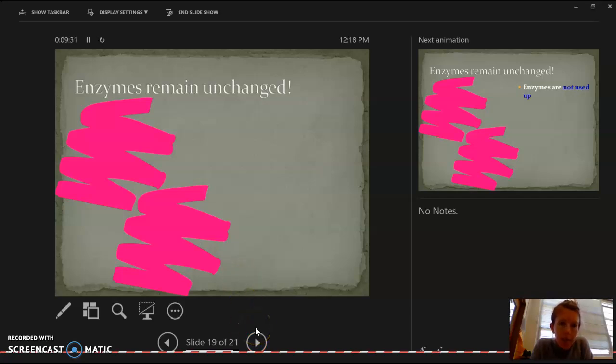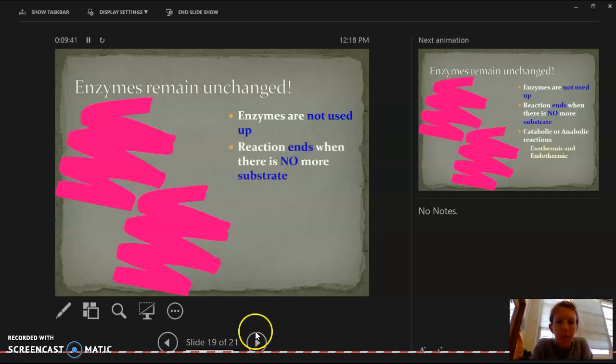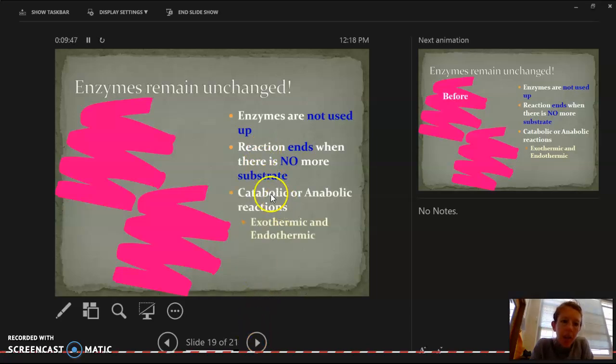One of the characteristics again about enzymes is that they remain unchanged, so before and after the chemical reaction, and they're also not used up during the chemical reaction. That's what makes them catalysts. So the reaction ends when there's no more substrate to convert to product. And again, we looked at this earlier, but there can be catabolic reactions, which would be a decomposition reaction.